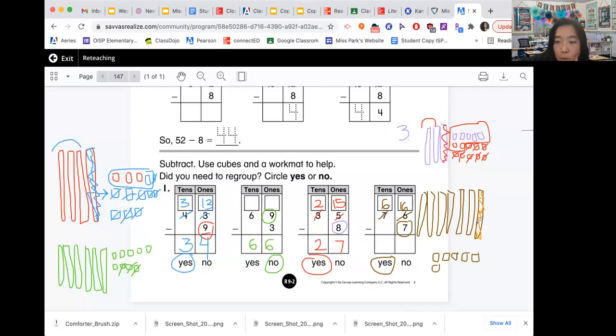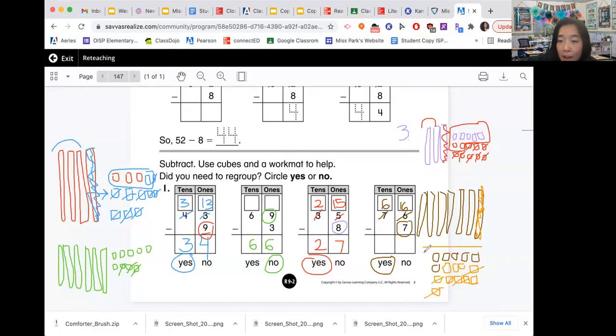Let's scribble that out, and we're gonna put it over here. 1, 2, 3, 4, 5, 6, 7, 8, 9, 10. So now we have 16 ones. Now we have enough to take away 7. Ready? Let's take away 7. 1, 2, 3, 4, 5, 6, 7.